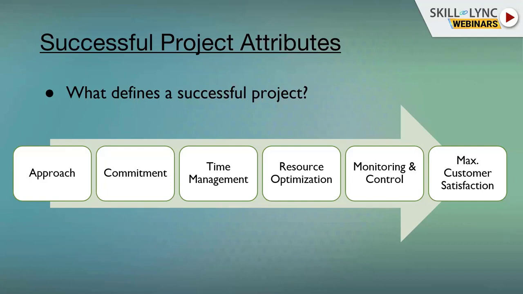That only will result in a successful project. So team commitment is equally important. We need to assign those resources who are skilled enough, knowledgeable enough, and committed to achievement of that particular product.